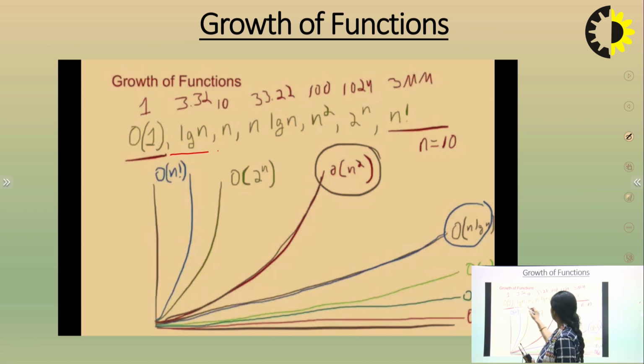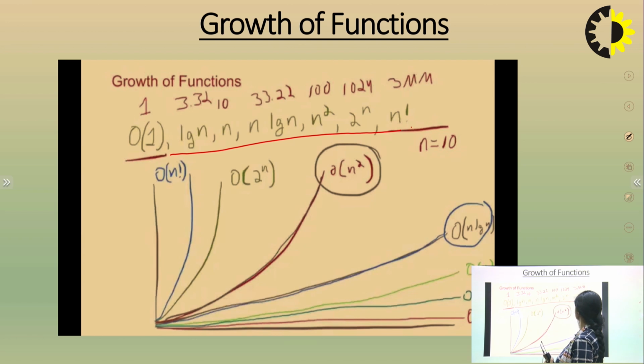We are having these functions, right? You have calculated the value of factorial n, and the value of factorial n is highest, 3 lakh something, around 36 lakh or 3 lakh something. Yeah, you can calculate yourself.